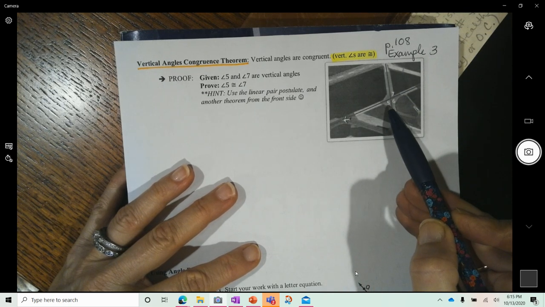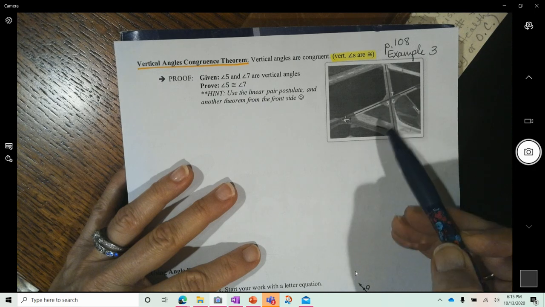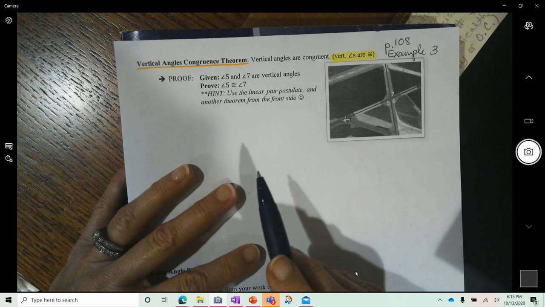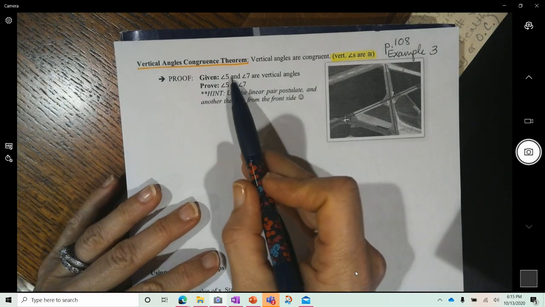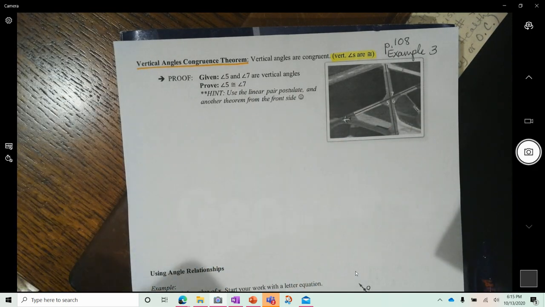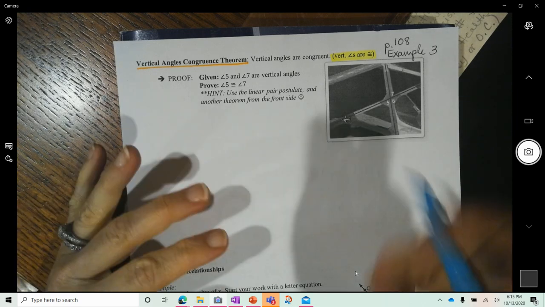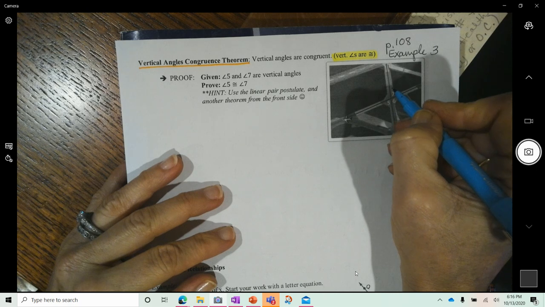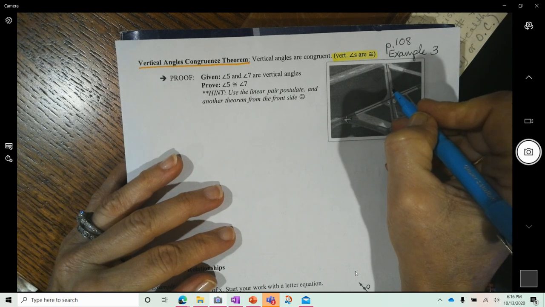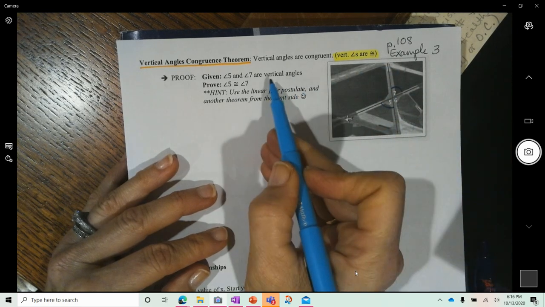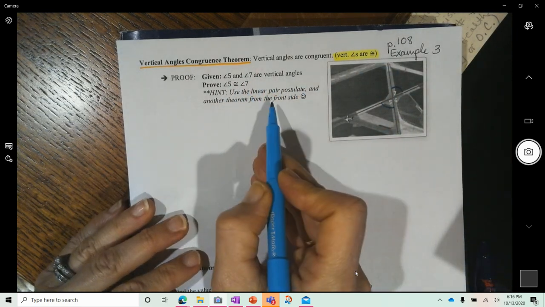And you've got angle 5 across from angle 7, angle 6, and this one just doesn't even show up. So you're given, let's mark given, that angle 5 and angle 7 are vertical. So these are vertical. What we want to prove is this. You're given that they're vertical. Now, there's a big hint here.